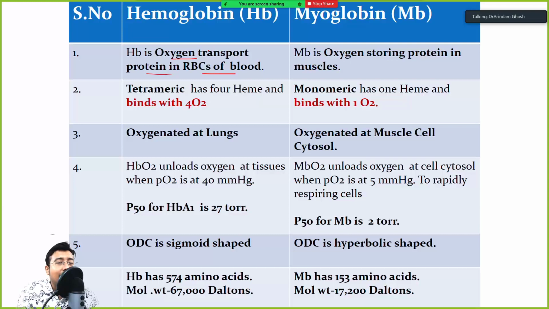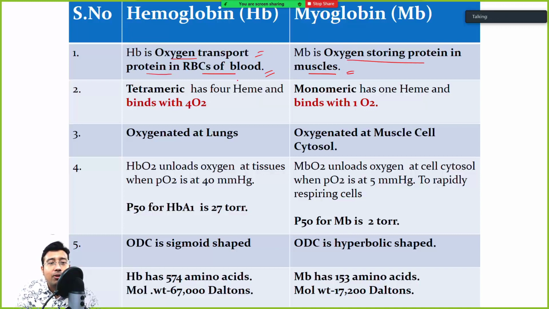Myoglobin does not help in transport. It is a storage form, a reservoir, an oxygen storing protein in muscles. Hemoglobin transports in blood, myoglobin functions in muscle. Hemoglobin transports, myoglobin stores. So you get two points in point number 1.